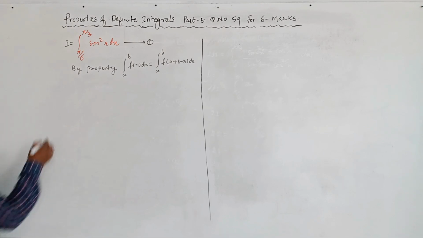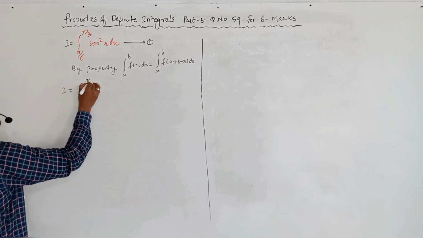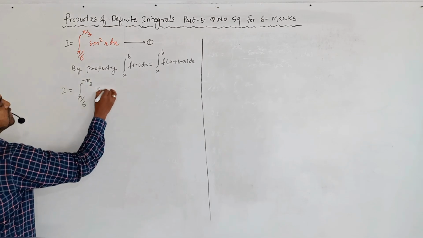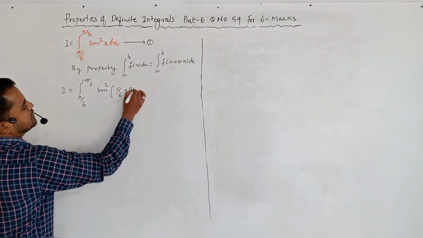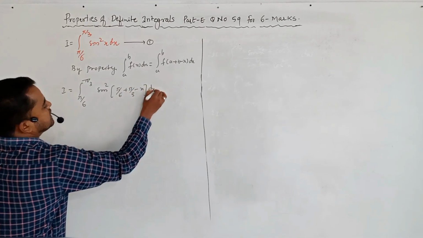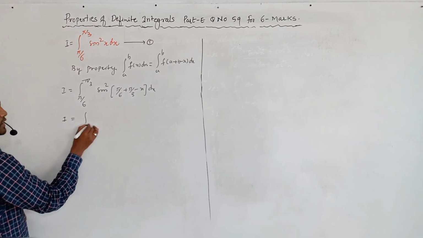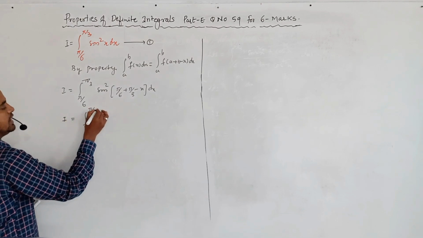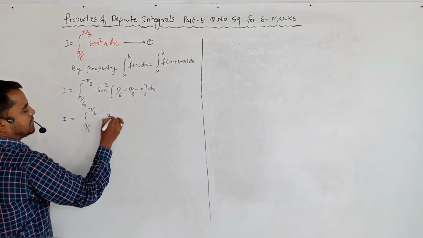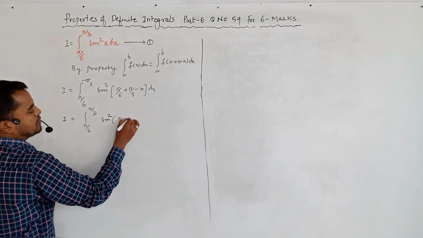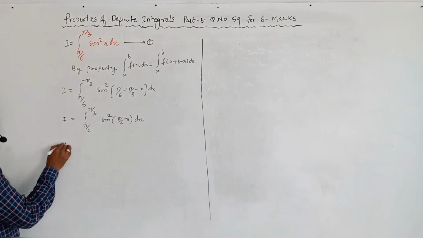Now I is equal to the integral from 5π/6 to 5π/3 of sin^2 (5π/6 plus 5π/3 minus x) dx. Now I is equal to the integral from 5π/6 to 5π/3 of sin^2 (90 minus x) dx. Sin^2 (90 minus x) is nothing but cos^2.